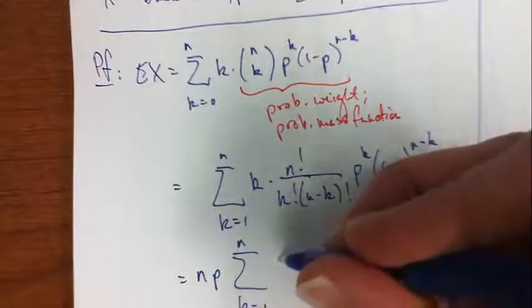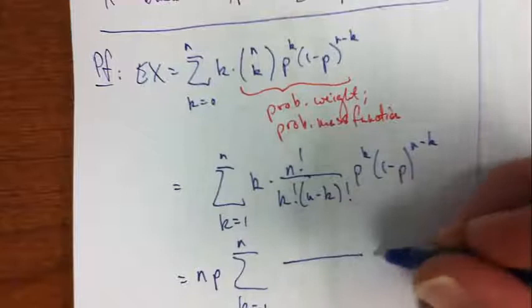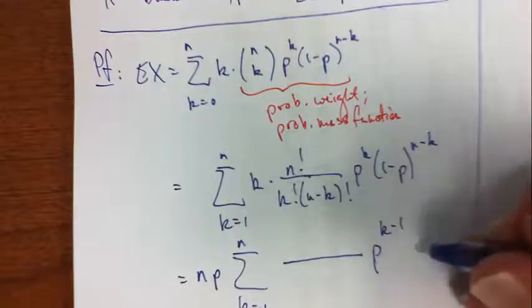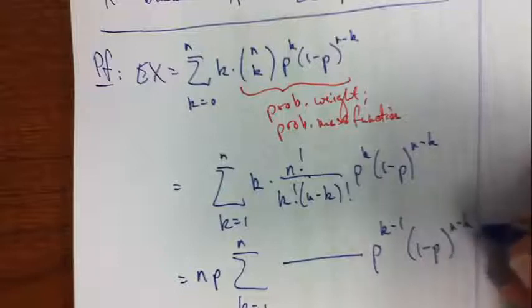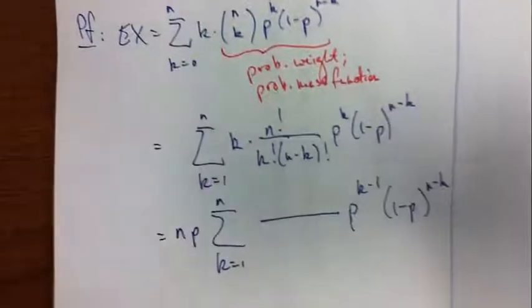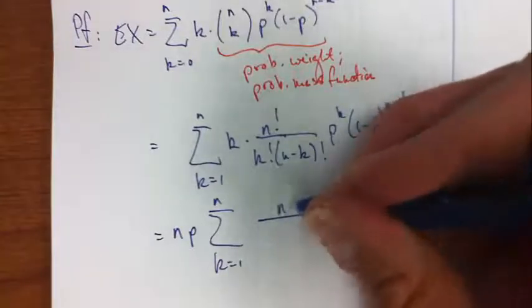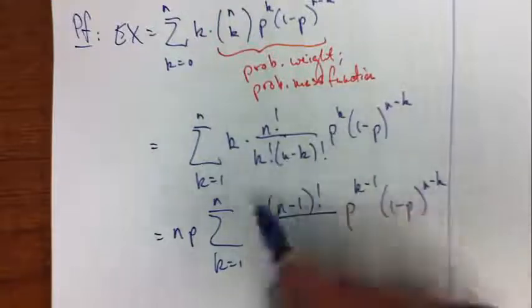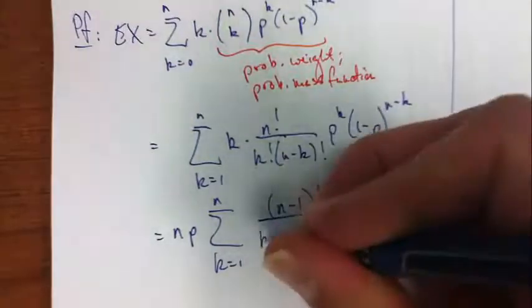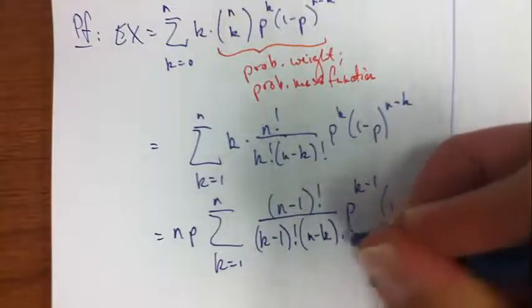Got a k in here. This is now p raised to the k minus 1. This is 1 minus p to the n minus k. This will be n minus 1 factorial. And then I can cancel that k with the k that's in the bottom here. I have k minus 1 factorial times n minus k factorial.